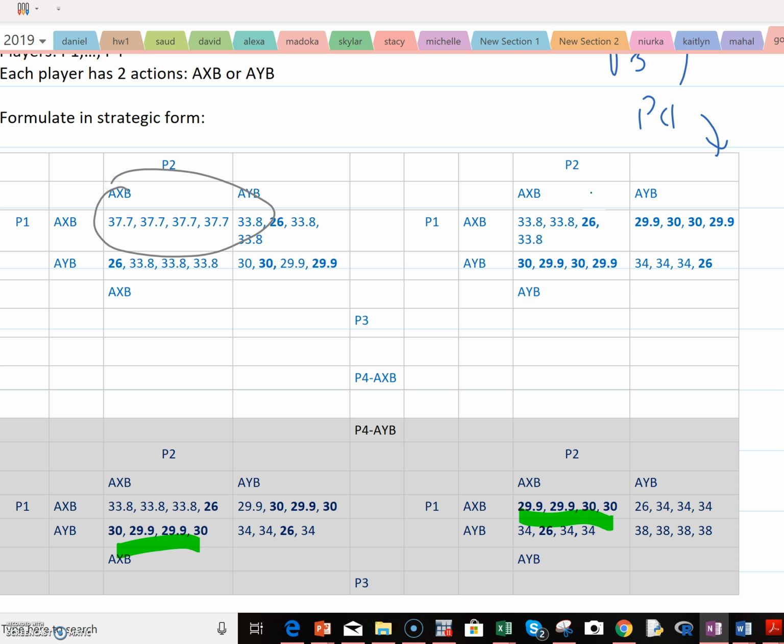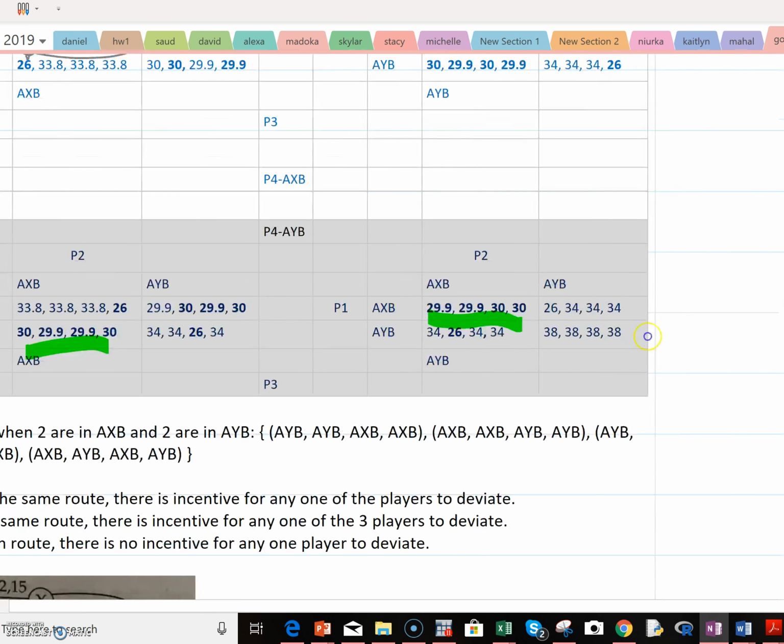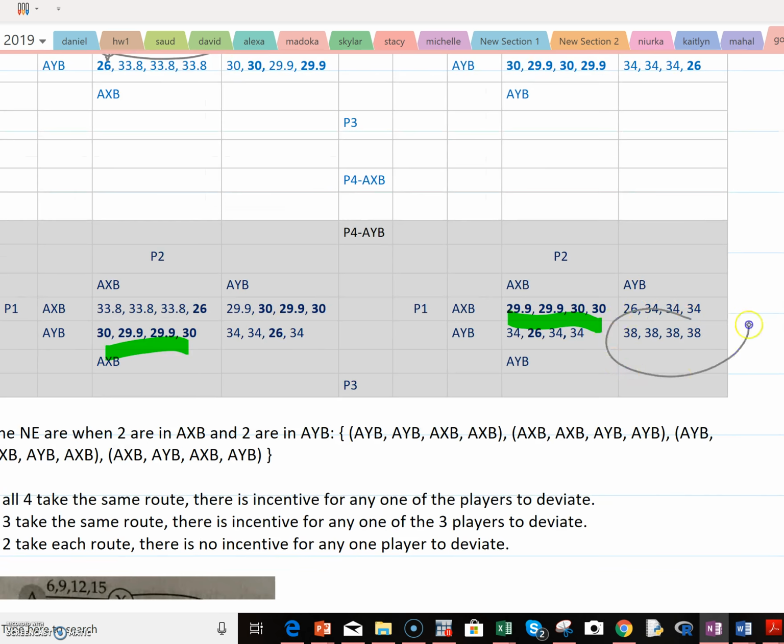When all four are taking AXB, player 1 wants to deviate to get 26. Player 2 wants to deviate to get 26, and so on. So everybody has an incentive to deviate. The same thing goes here. When everybody is going through AYB, everybody also has the incentive to deviate.